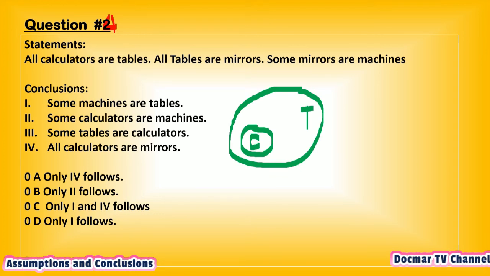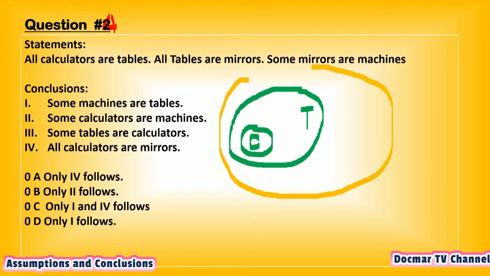All tables are mirrors, so we have to engulf this circle, because the big circle is letter M, or mirrors. That's it, we have the drawing now.